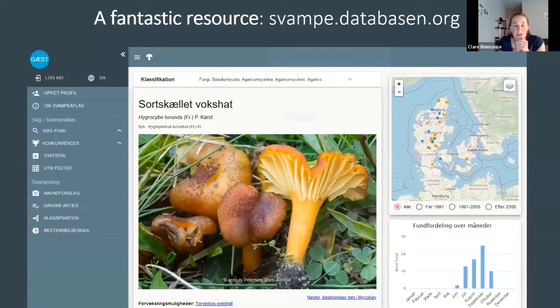But I made a lot of use of this fantastic resource, which is the Danish fungus recording database, because not only can you find a lot of photos there, but you can also, with the help of Google Translate, read the commentary on those photos so that you can see which ones have been critically identified using microscopy, which species have been confirmed and accepted by David Bortman, who's the guy that wrote the book. And I thought, well, that's the closest we're going to get to very confident identifications and confident photos.